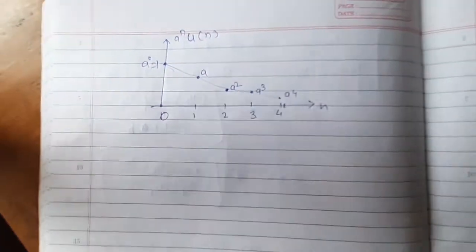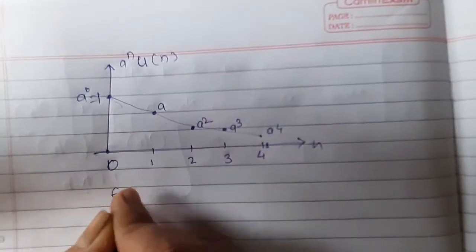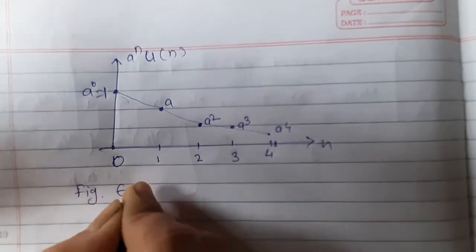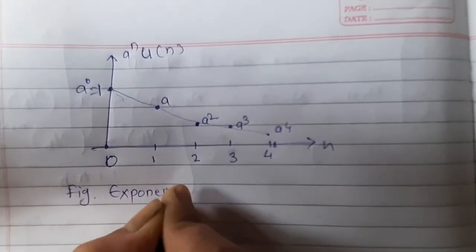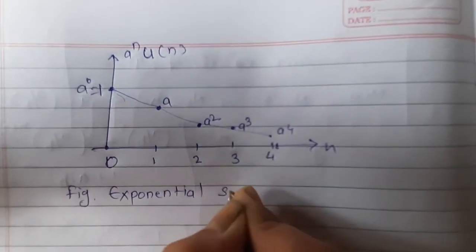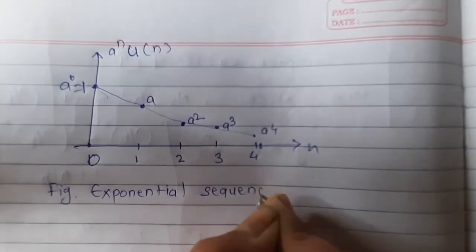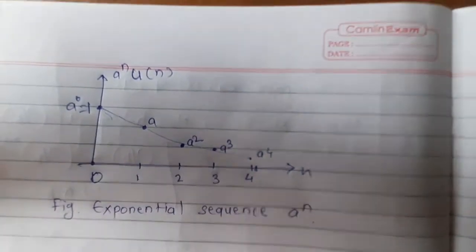So this is an exponential sequence. This figure shows the exponential sequence a raised to n.